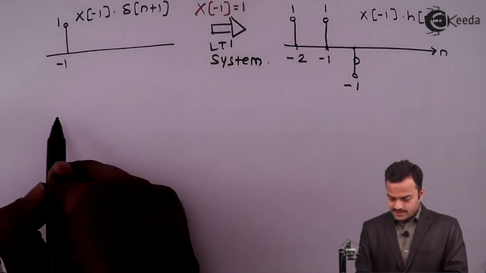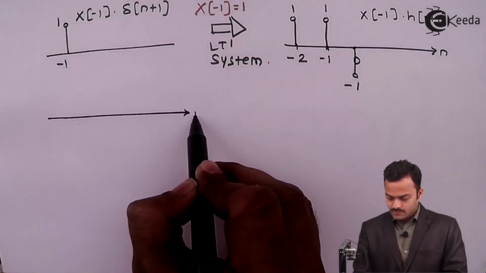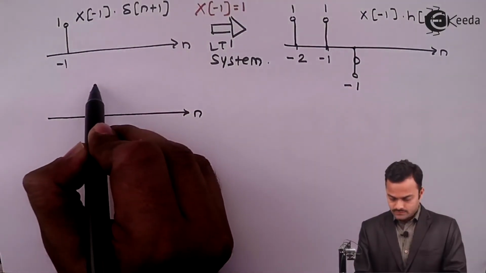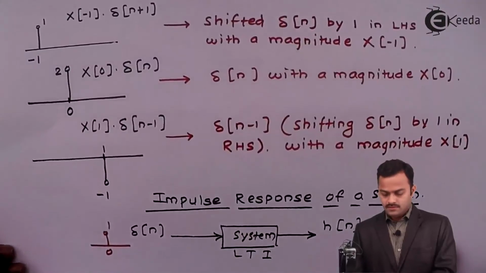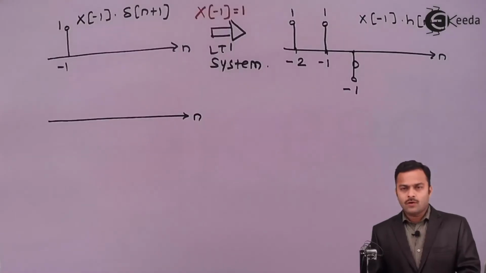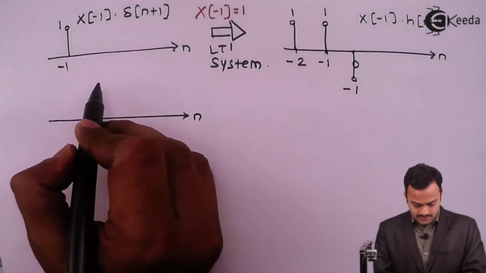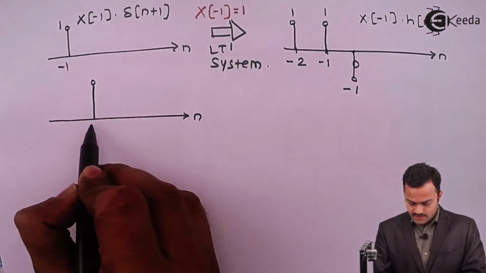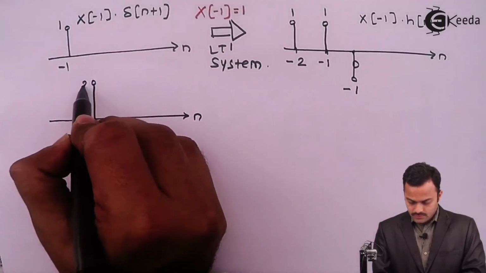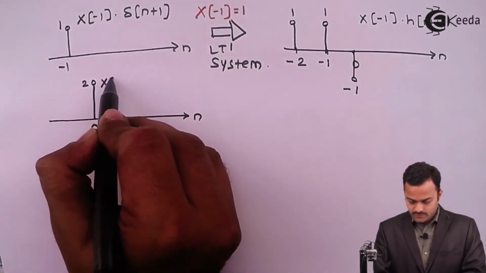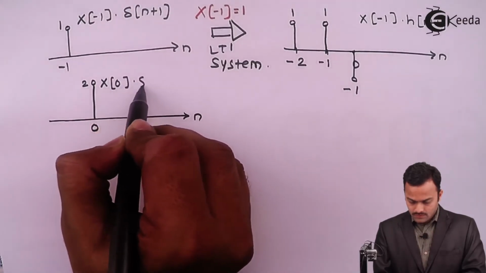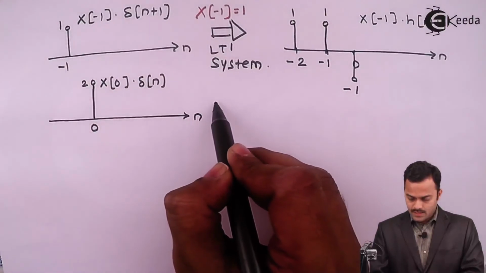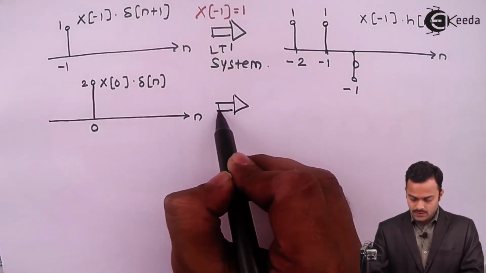Now the second signal, if I apply to the system, which is linear time invariant, it will have the value like this with a magnitude x of 0. So now we are having a signal whose value is 2 at the instant n equal to 0, but actually it is x of 0 delta n. So this is passed through an LTI system.